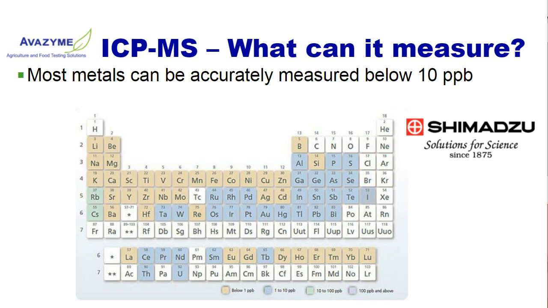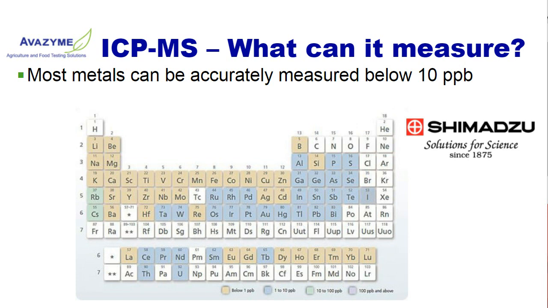Since you're infusing the sample, the mass spec just takes a little bit longer to measure depending upon the number of analytes you're trying to get. So a 4 analyte heavy metals run will take a far shorter time than a nutrient run, which may be measuring 30 different analytes.